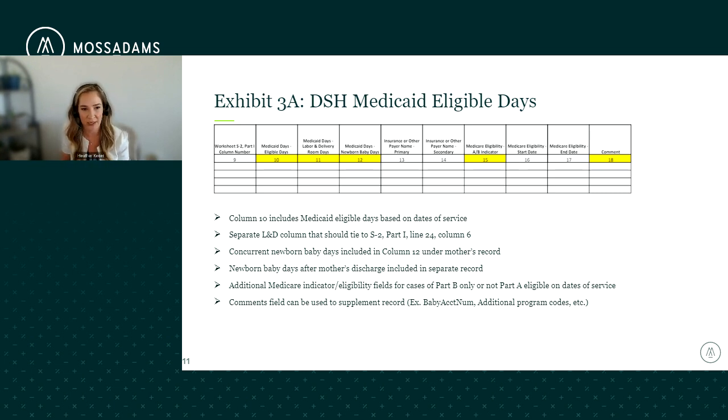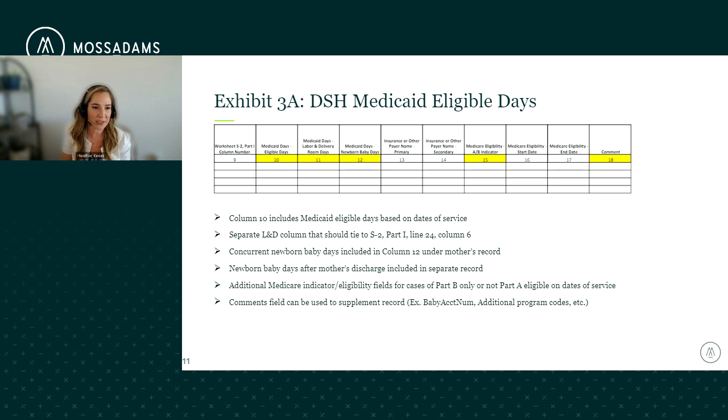If I were to give you an example of how to populate a mom and a baby where I have eligibility for the mom and I'm also going to claim the baby: if I have a mom that is 5 days, I would report Medicaid eligible days of 4 in column 10, and then I would count one of her days as a labor and delivery room day in column 11.